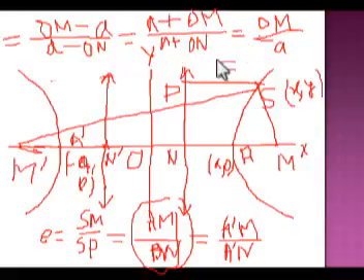Cancelling 2, we will get A in the numerator and ON below. From this relation, both are equal to E, the eccentricity. So we get OM equal to AE, and ON equal to A by E.